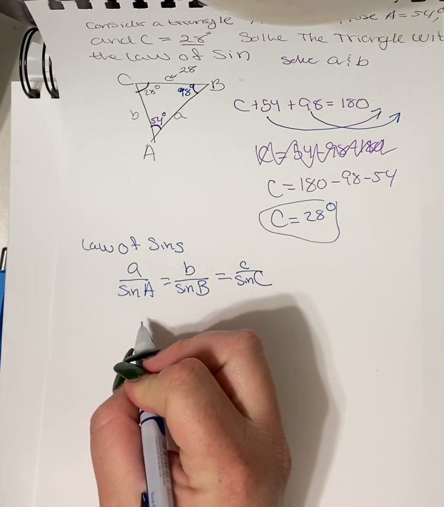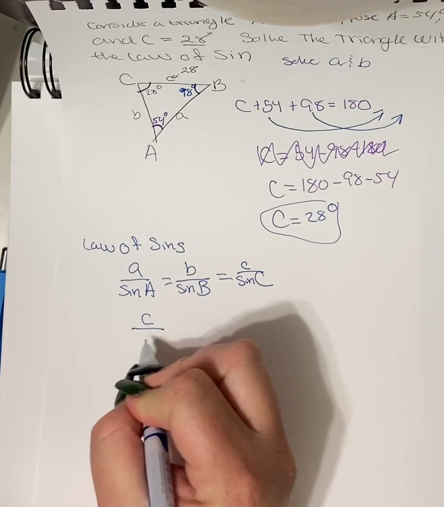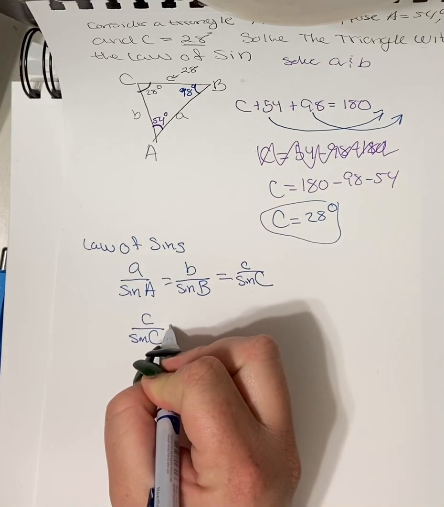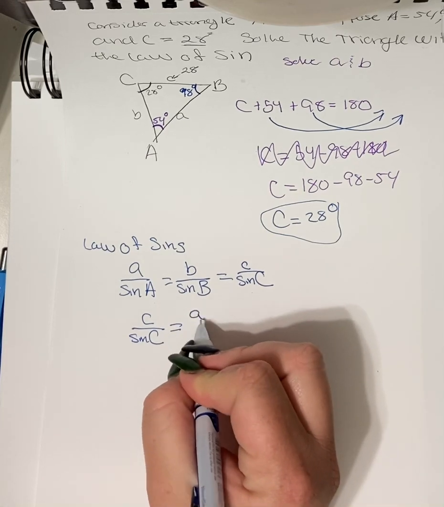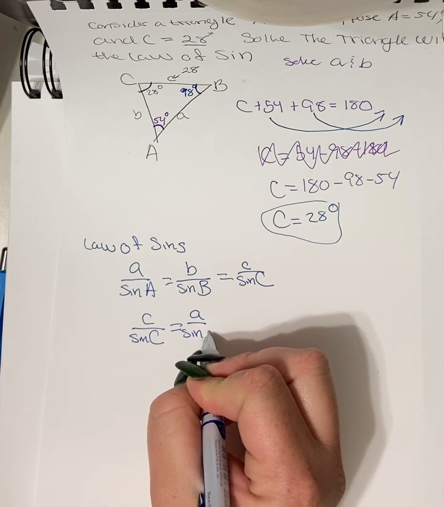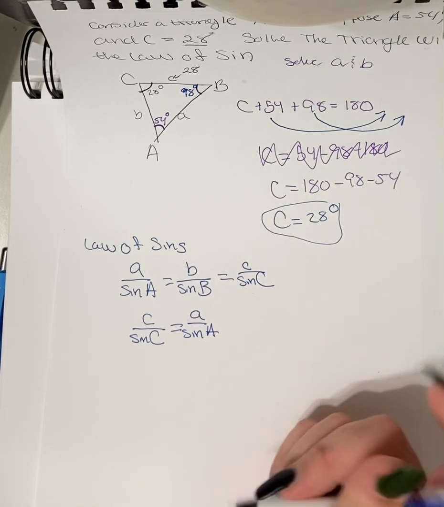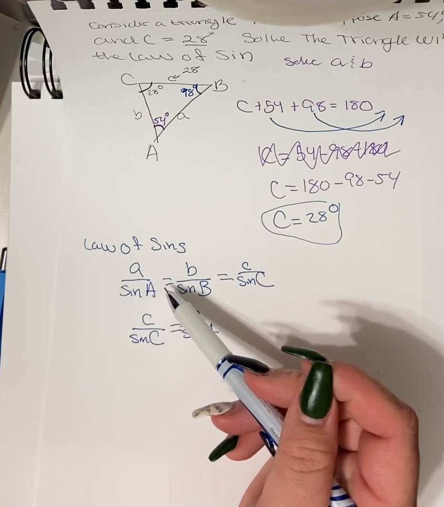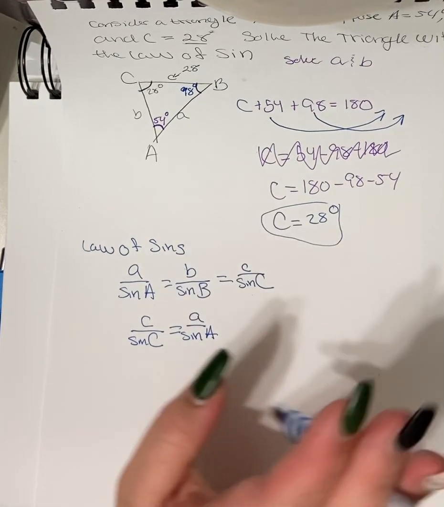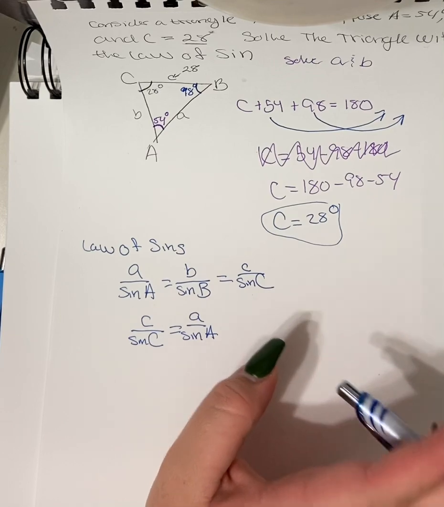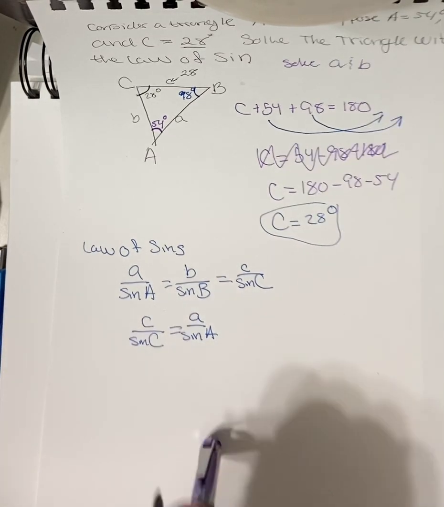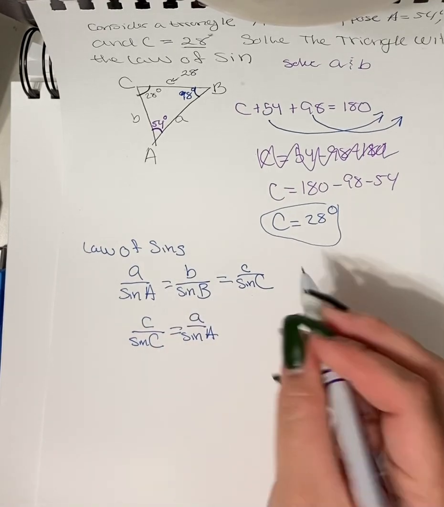So we're going to do C over sin C is equal to A over sin A. Okay, keep in mind that you have to remember to write out these capitals, because if you don't, you will get extremely confused and it'll mess up your entire formula. Okay? So I'm going to plug in my stuff now.